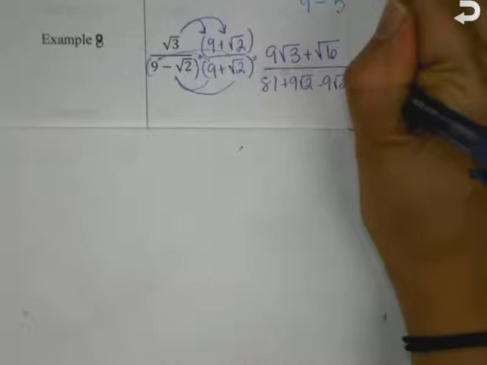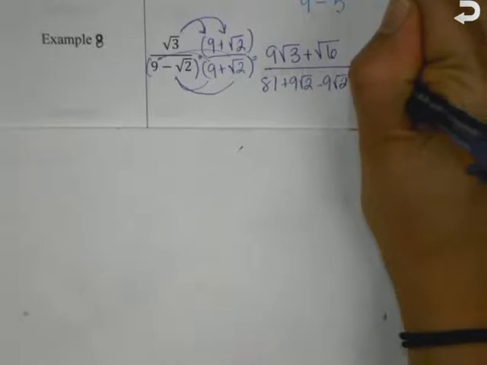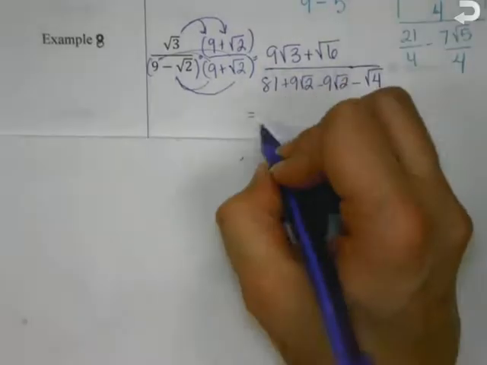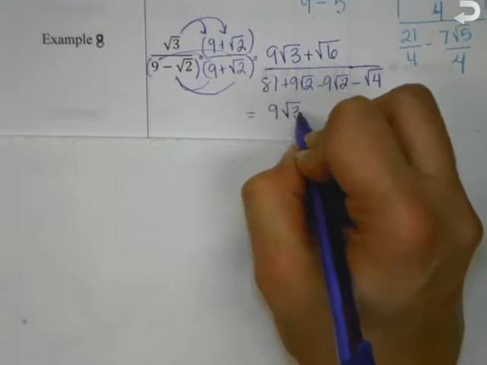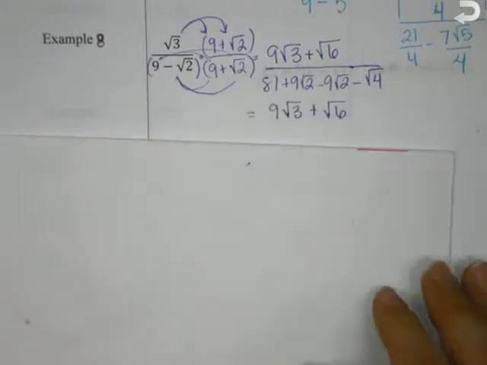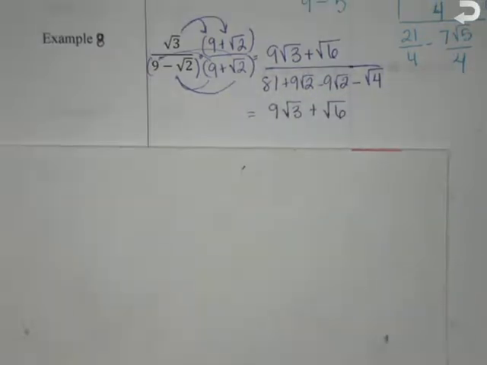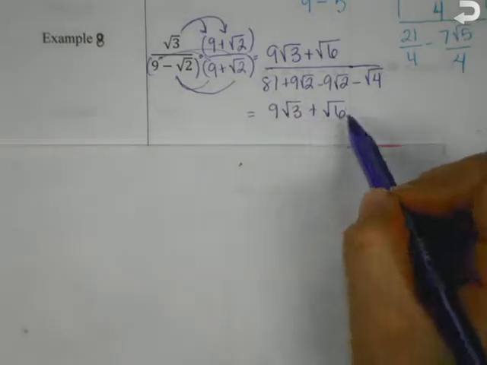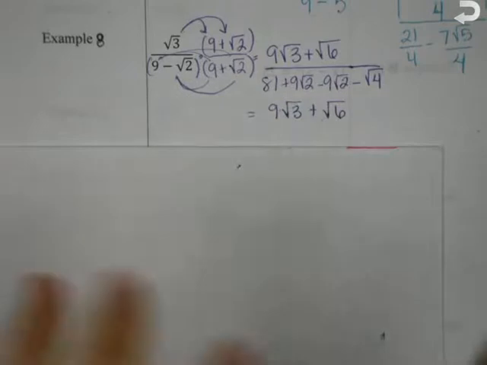So that's going to give me 9 root 3 plus root 6. Remember, like I said, roots kind of work as like terms. If this was a 9 root 6 plus root 6, we could combine them. Because what's inside the roots are not the same, we have to leave them separate. So you can only combine roots if the root is exactly the same.